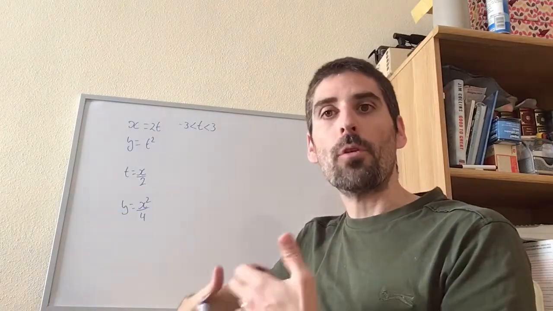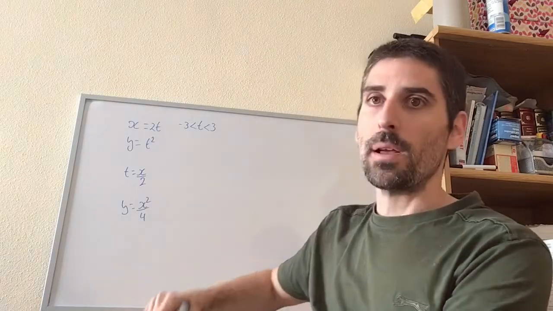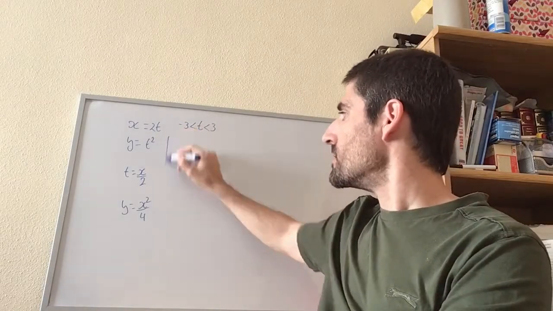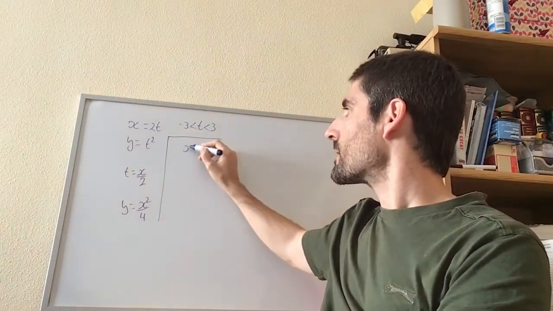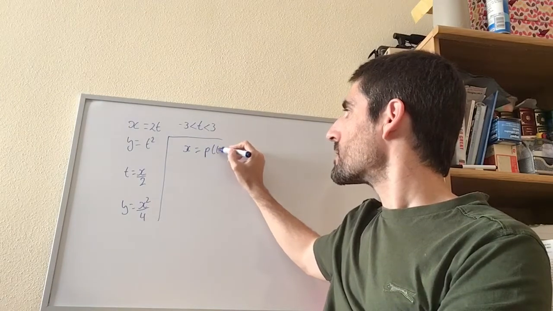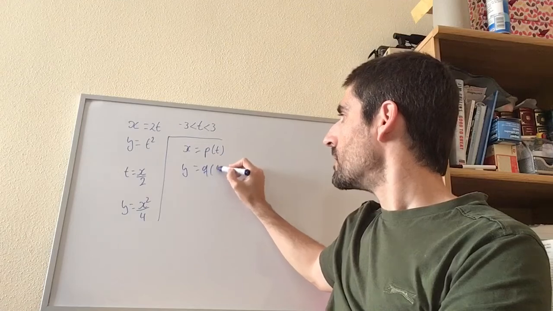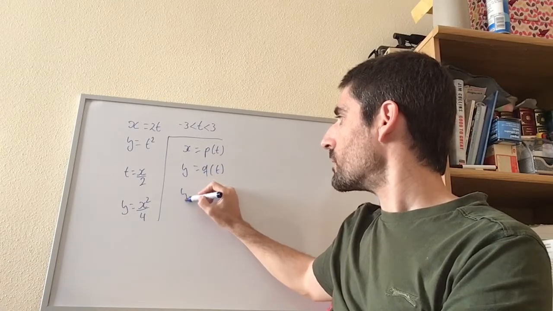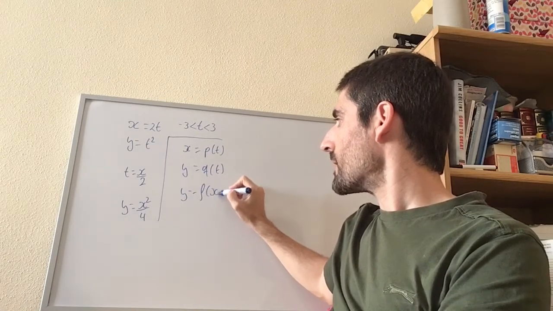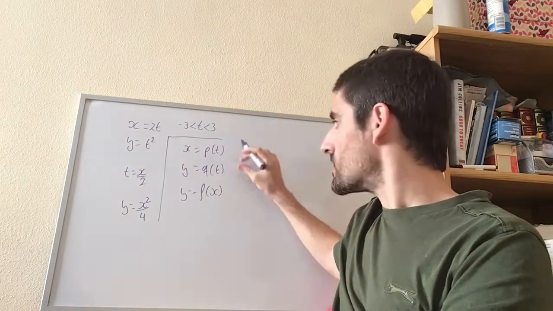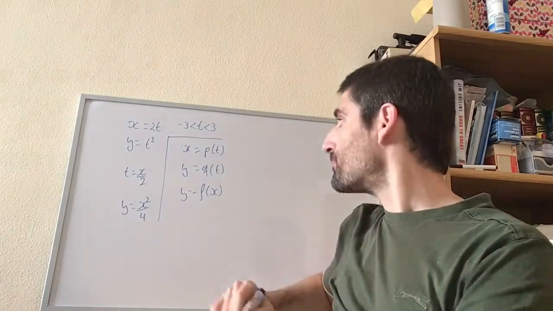If you want it a bit more formulaic, like they do in the book, in general terms, if x is a function of a parameter and y is a function of another parameter, and y is a function of x, these are the parametric equations, this is the Cartesian equation.